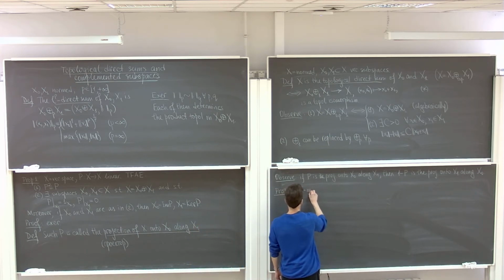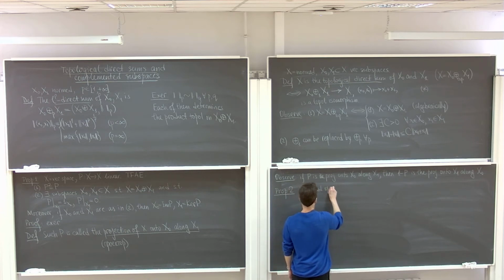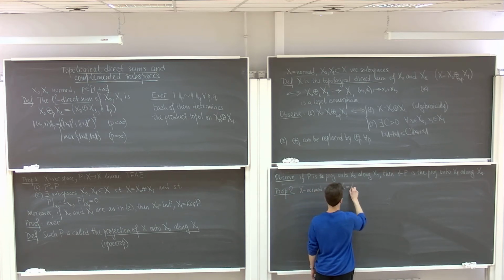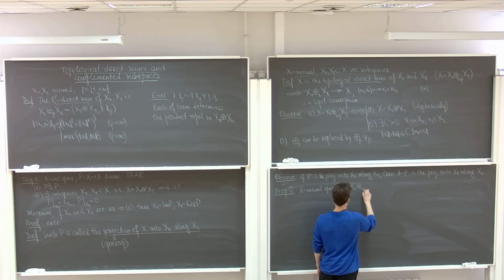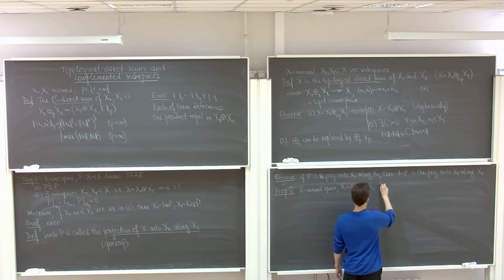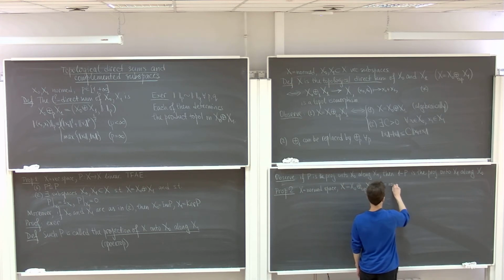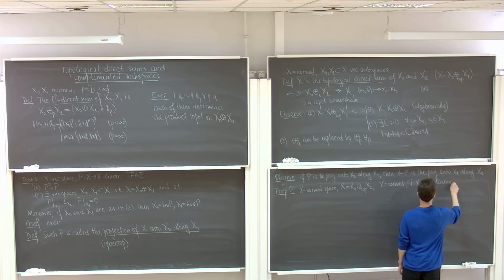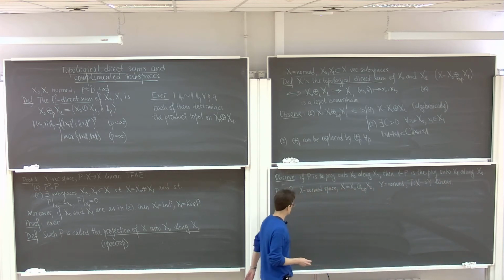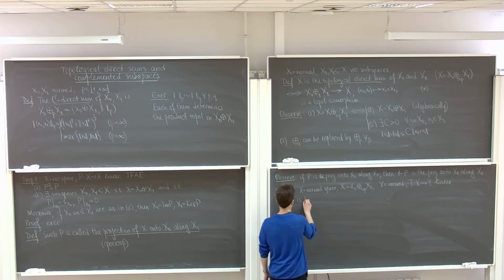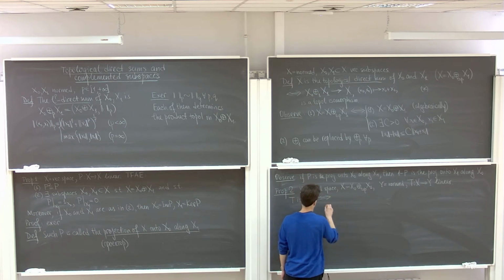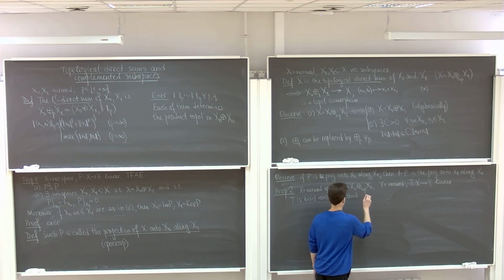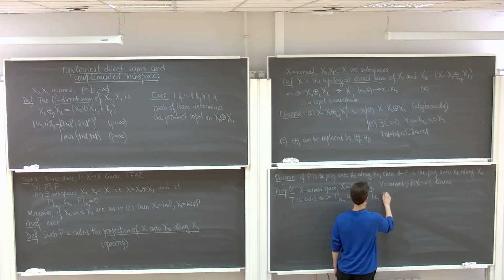Suppose that X is a normed space which is decomposed into the topological direct sum of two vector subspaces x0 and x1, and suppose that Y is another normed space, and T is a linear operator from X to Y. I claim that T is bounded if and only if the restrictions of T to each of the summands are bounded: T restricted to x0 and T restricted to x1 are bounded.